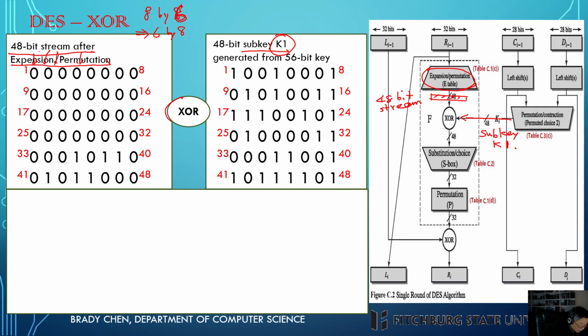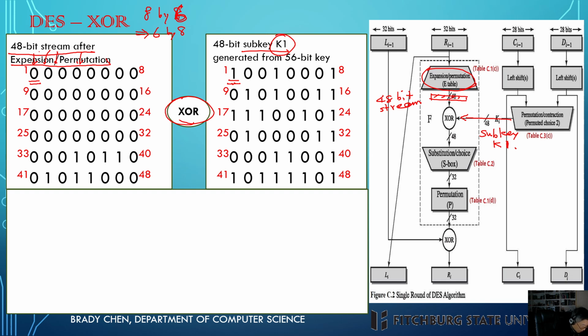Then we're going to perform the exclusive OR operation. The exclusive OR operation is going to be performed bit by bit. The first bit is going to do the exclusive OR with the first bit of the key. So that means 0 exclusive OR 1. What's the result?